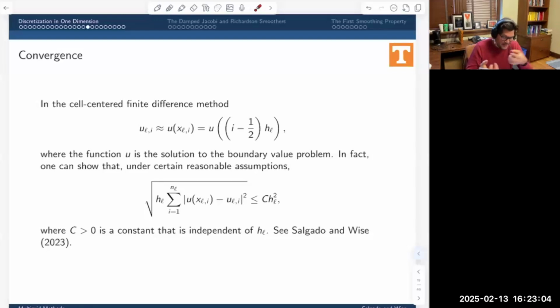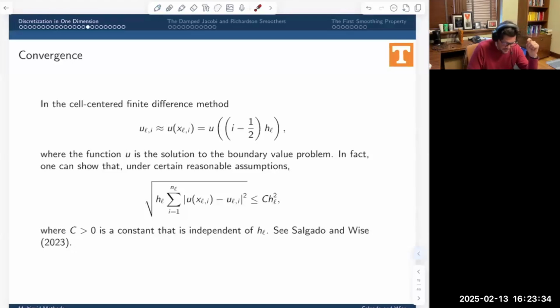However, if I measure the difference in some norm, for example, this norm here. I think in numerical analysis, we wrote it like this: U_h minus U, and we called this the L2 h norm. But in any case, this is some sort of norm.